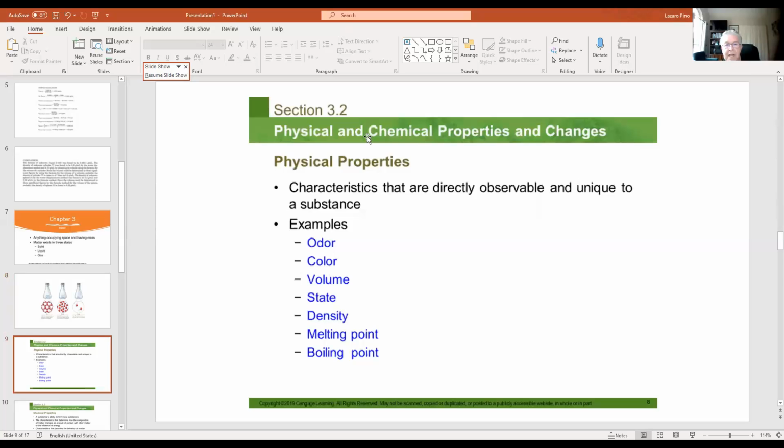The physical and chemical properties. Physical properties are those that are directly observable and unique to a substance. For example, the odor, the color, the volume, the state, the density, the melting point, the boiling point.